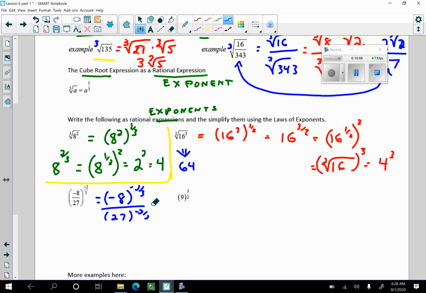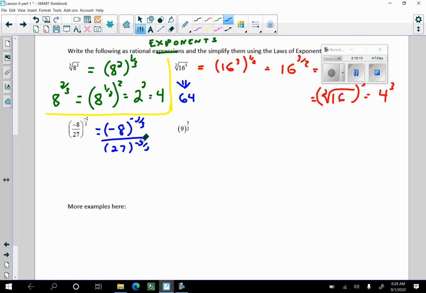And the first thing I'm going to do is swap that and make these exponents positive. So 27 is going to come up here on the top to the positive 2/3. And the negative 8 is going to come down here on the bottom to a positive 2/3.